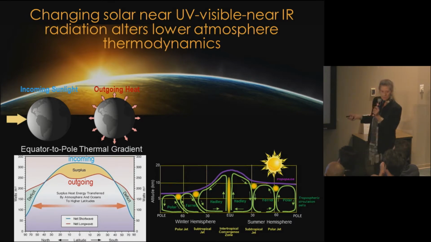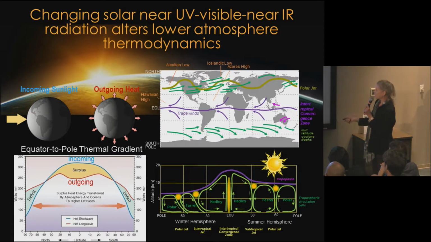So the response that you see in temperature is as much an effect of these dynamical motions that not only persist from the equator to the poles, but also affect the zonal flow around the globe.